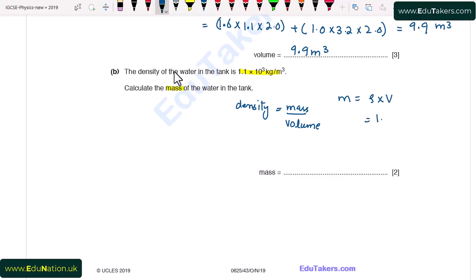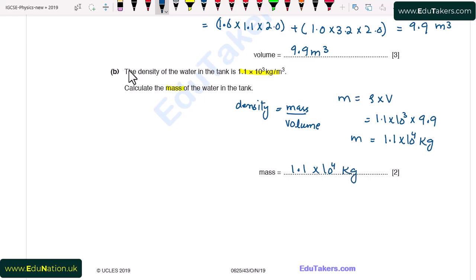Density is given, that is 1.1 into 10 to the power 3, and volume that we already calculated is 9.9 meter cube. So the mass comes to be 1.1 into 10 to the power 4. The unit of mass is kilogram. So I write here 1.1 into 10 to the power 4 kilogram.